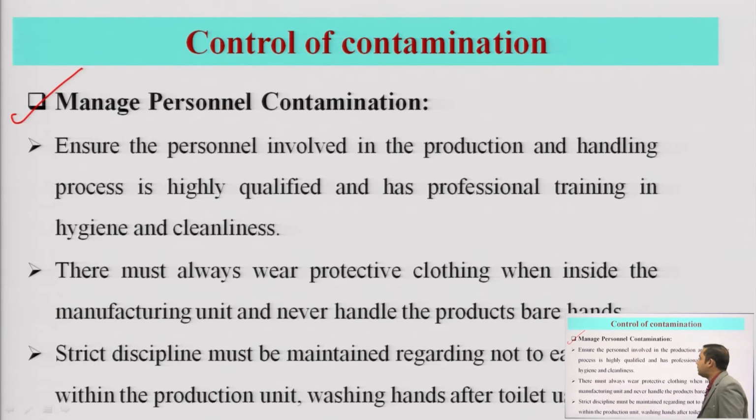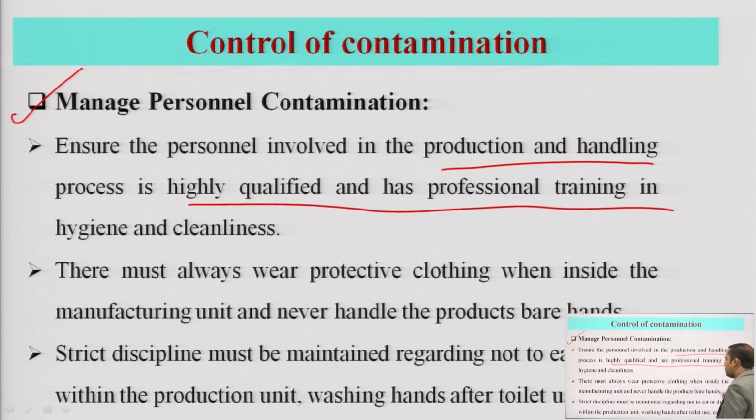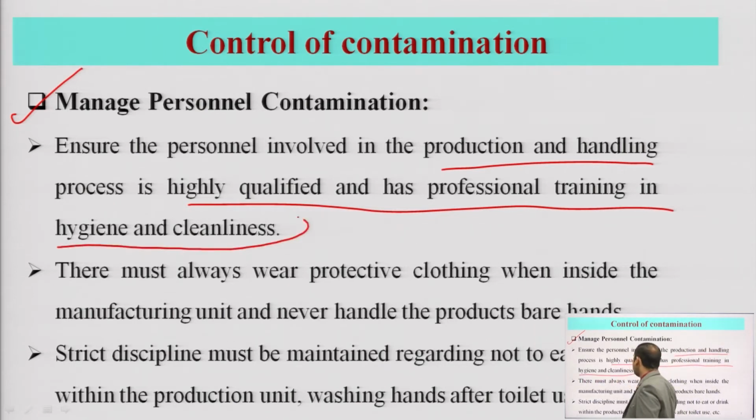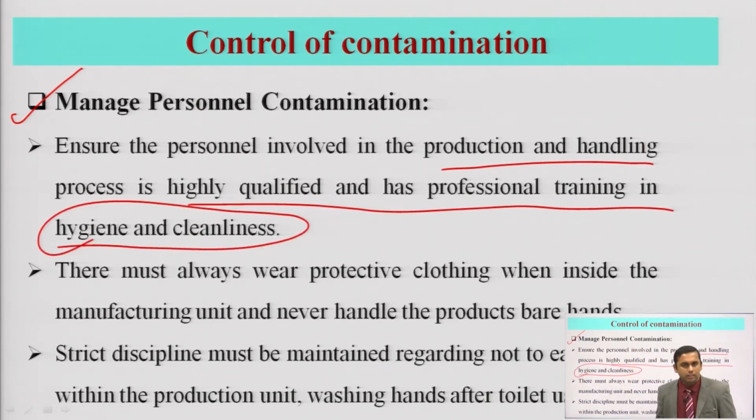You have to ensure the personnel involved in the production and handling process are highly qualified and have professional training in hygiene and cleanliness. The quality control people, the quality assurance people, and the production people should have enough training about how to clean their hands, how to clean their working areas, how to clean the equipment, and how to ensure that whatever cleaning was done is correct, that is validation.